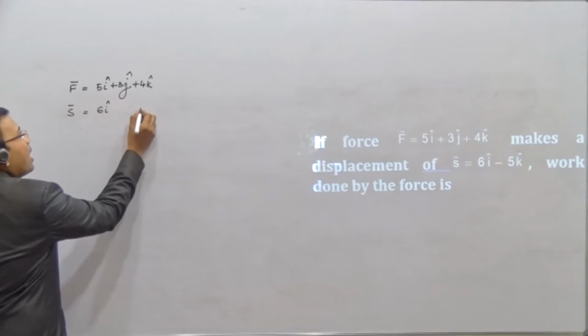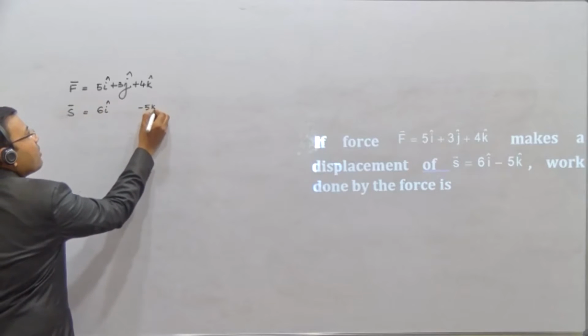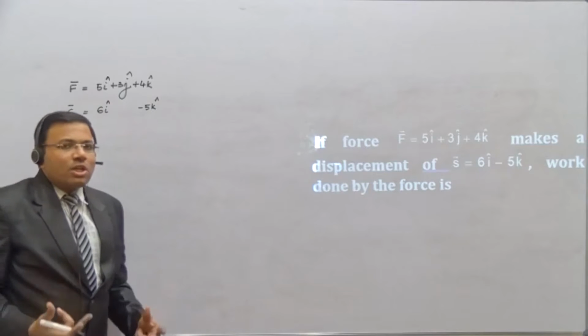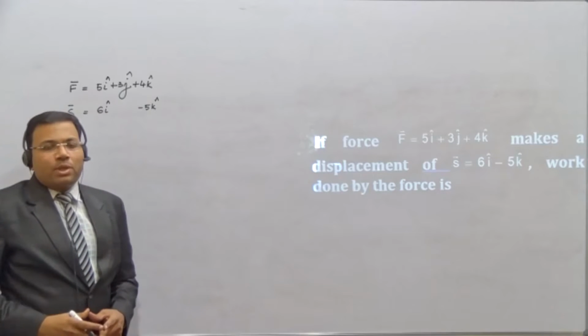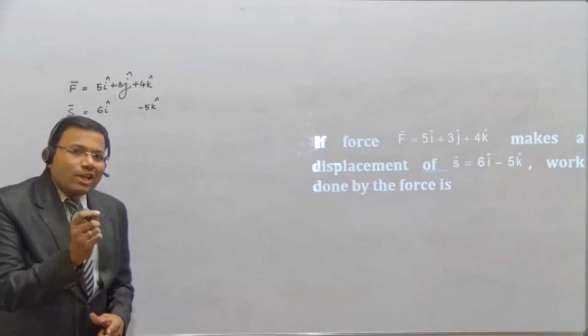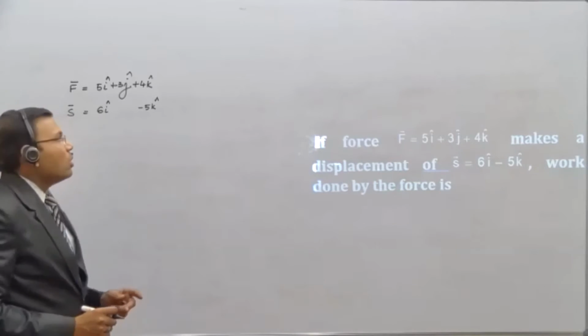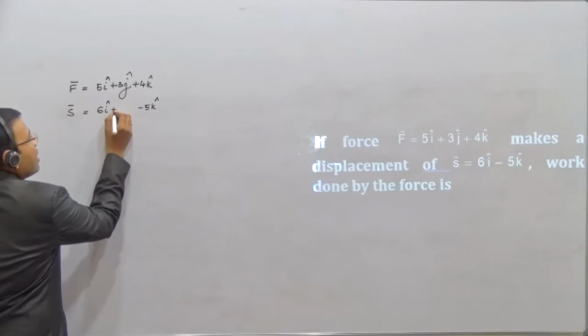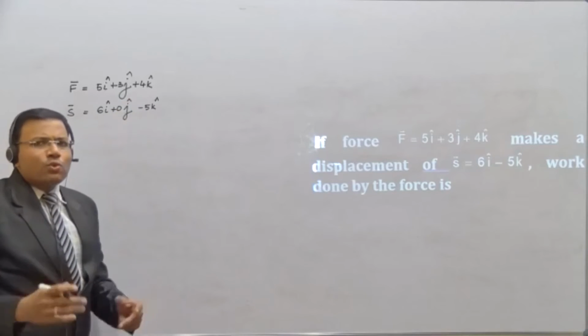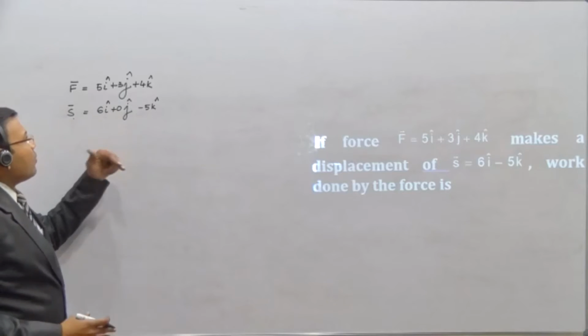This is 6i and here it is minus 5k. Then where is this j? Here j is 0, because j is not given. That means the component of j is 0. So here it is plus 0j. For your understanding I am writing. If you are perfect, no need to write this also. Directly you can multiply.